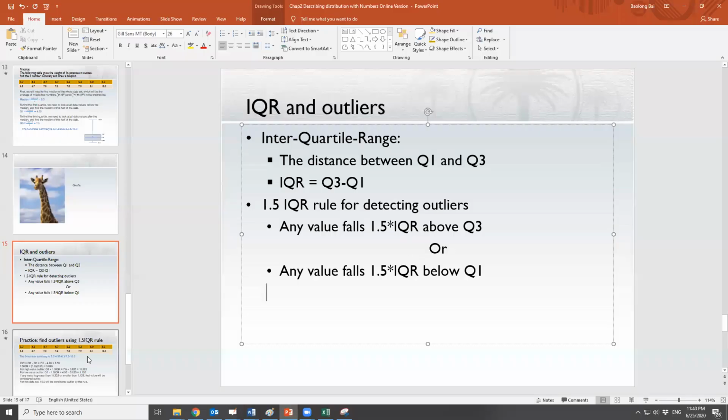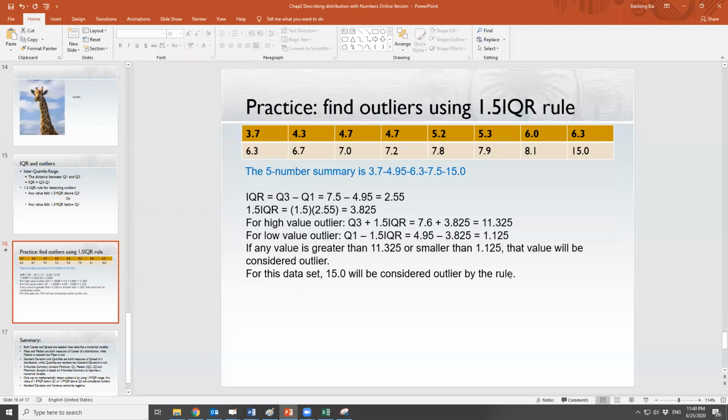All right, so now let's look at an example of calculating outliers. I'm going to use the example we just did. We already have the 5-number summary here: Q1 is 4.95 and Q3 is 7.5. Just like in the box plot demonstration, first we need to calculate IQR, the distance between Q1 and Q3, that's 2.55.